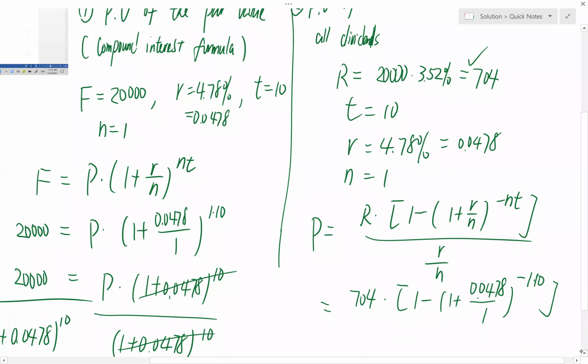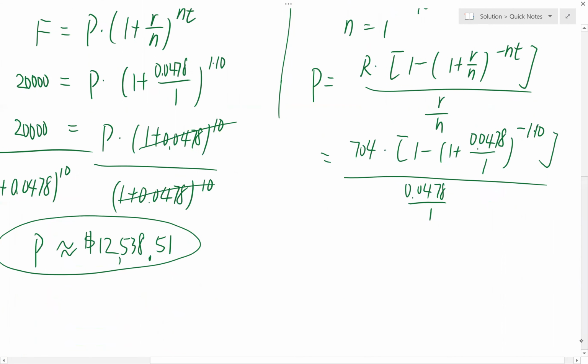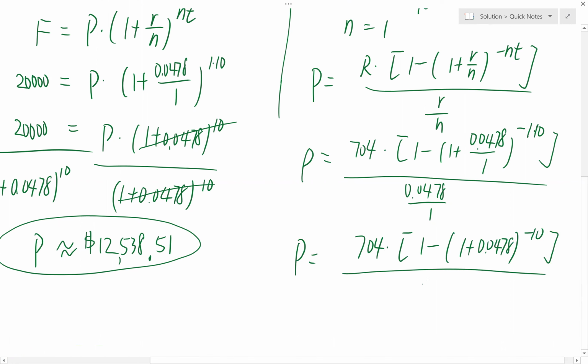That's the numerator. The denominator is going to be 0.0478 over 1, and you can omit that 1. It's not necessary. So to simplify a little bit: 704 times 1 minus 1 plus 0.0478 raised to negative 10th power, over 0.0478.